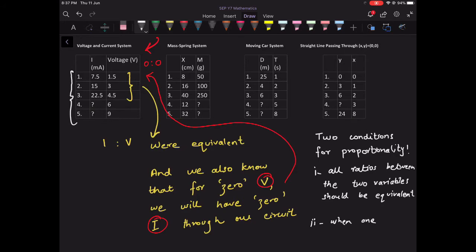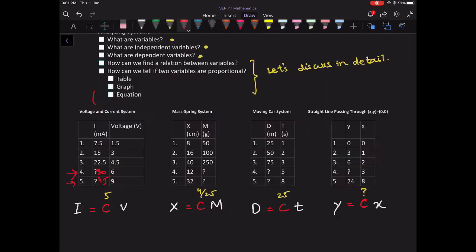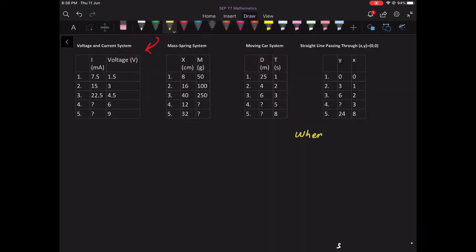The second condition is that when one variable is made 0, then the other one also becomes 0. We now understand how to find whether two variables are proportional just by looking at the tables. When these two conditions are met, the two variables are said to be proportional.